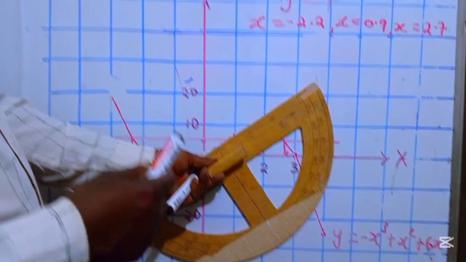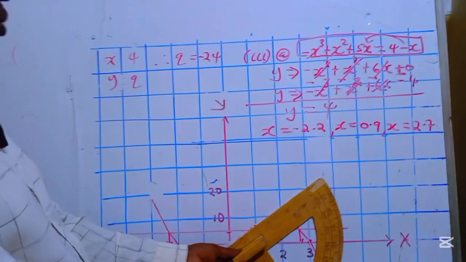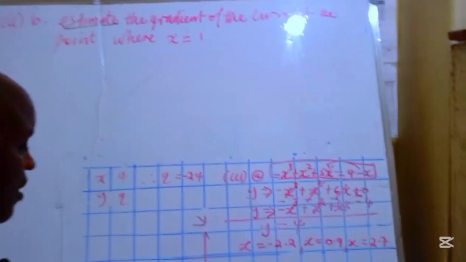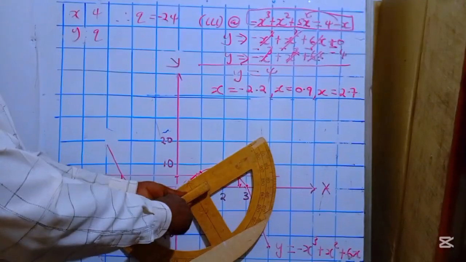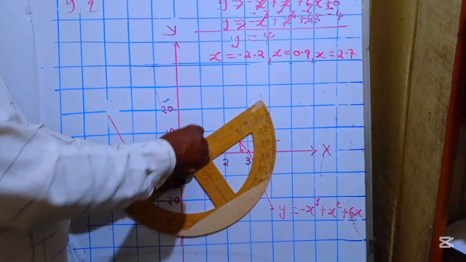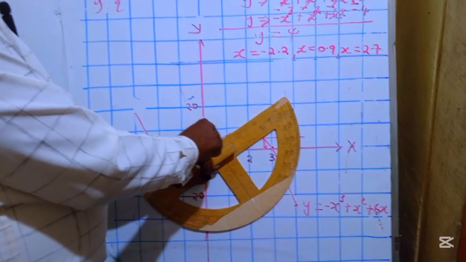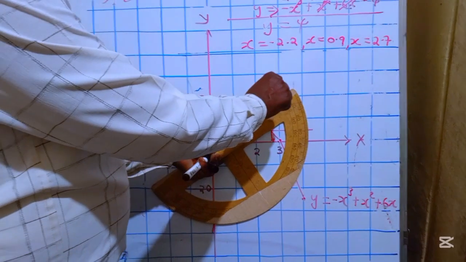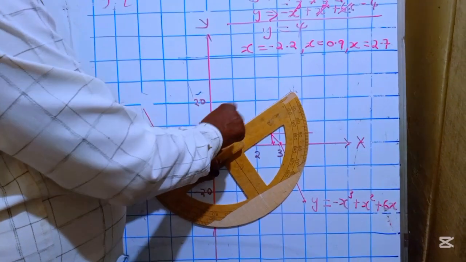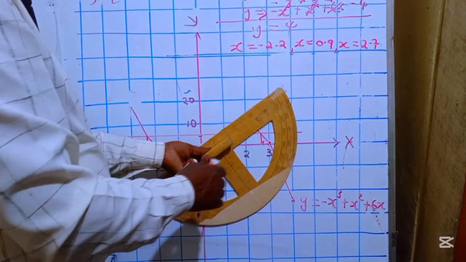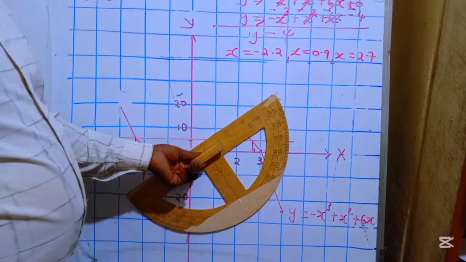So even on the graph, if you go there, we found something to do with 1 comma something. So that is the first point. You draw the tangent to this graph. So my tangent to this graph is this one. So this is my tangent, ladies and gentlemen.